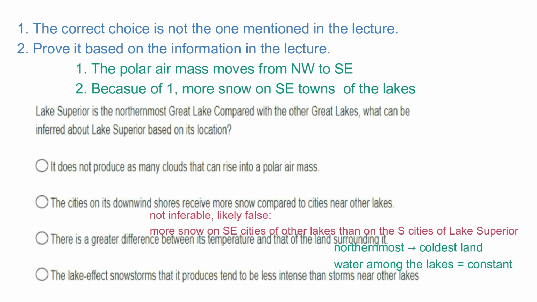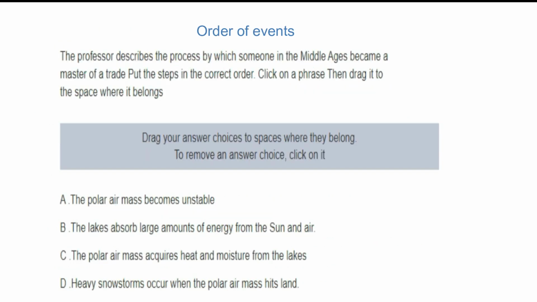From this, we can infer that the temperature difference between Lake Superior and the land surrounding it is greater than the temperature difference between other lakes and the lands surrounding these other lakes. So C can be inferred. D doesn't make much sense.